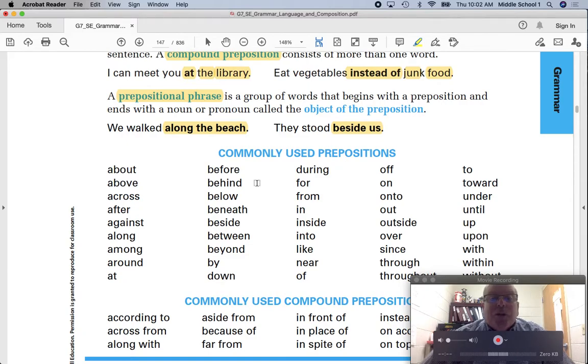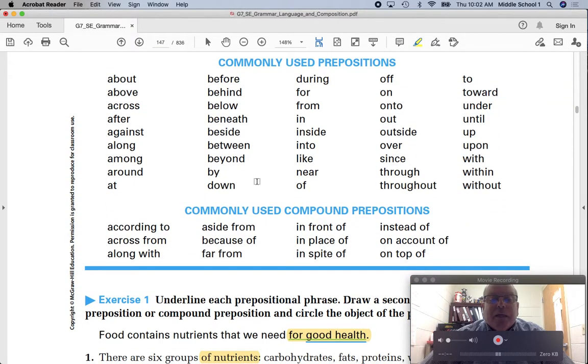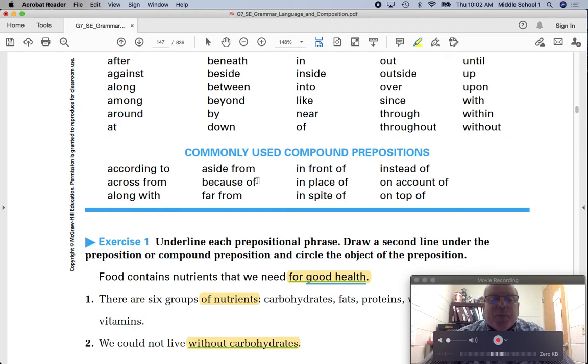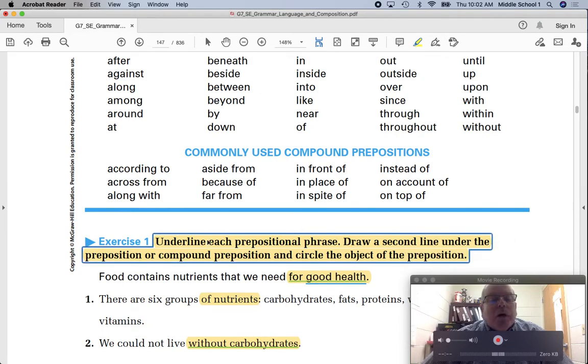To help us along today, again, let's be reviewing and using this list of commonly used prepositions and compounds to help us identify the prepositions that are in the sentence. Again, I'm going to disregard these directions that are here. We're going to follow along with the simple directions of underlining, highlighting, or use parentheses to put around the entire prepositional phrase.